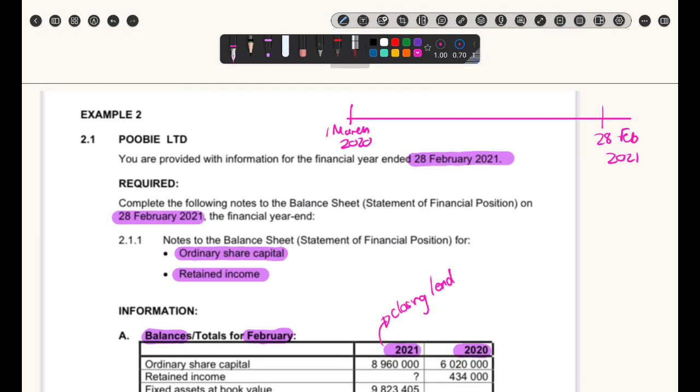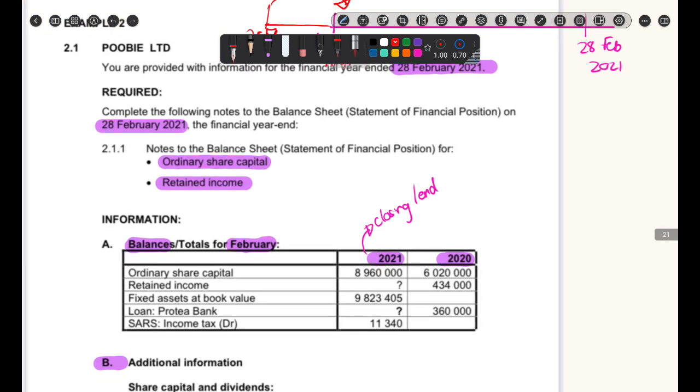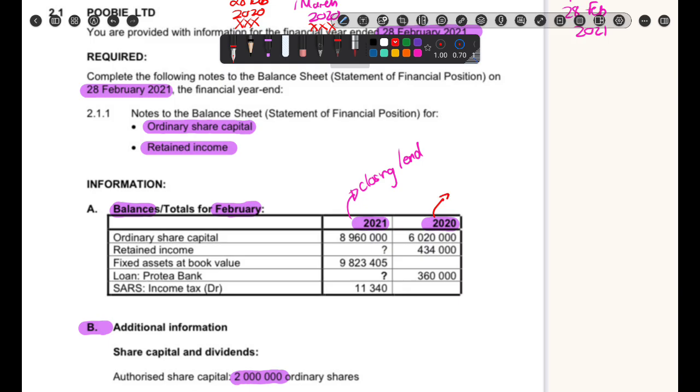But remember, in accounting, whatever you have at the end of last year, 28 Feb 2020, which is the end of our previous year, will be our opening balance in the new year. So this balance here on the 28th of Feb 2020 would be our opening balance on the 1st of March, our balances at the beginning.